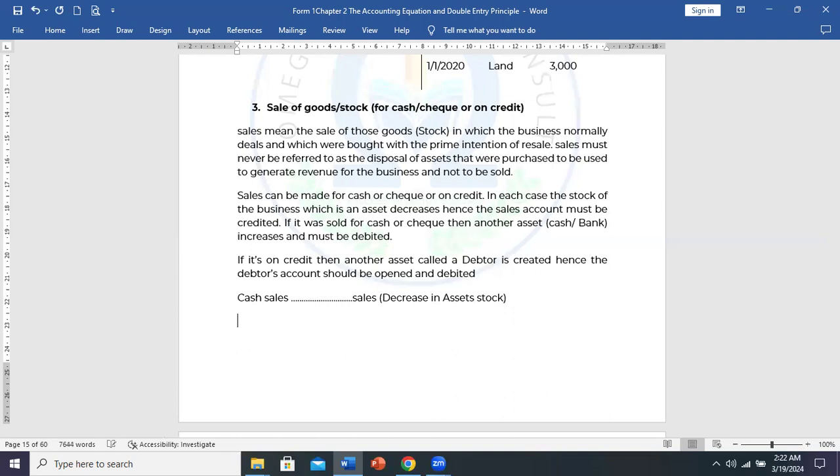And then the second account will be the cash account or bank account, depending on whether you took cash or check. If you took check, you refer to bank. Now, this account will show the increase in assets, because the business received money from selling the goods. Any question on this? Good.